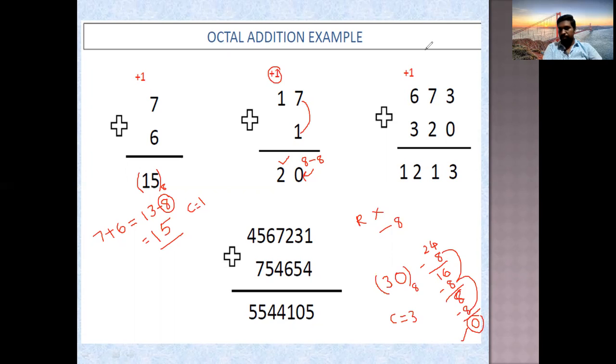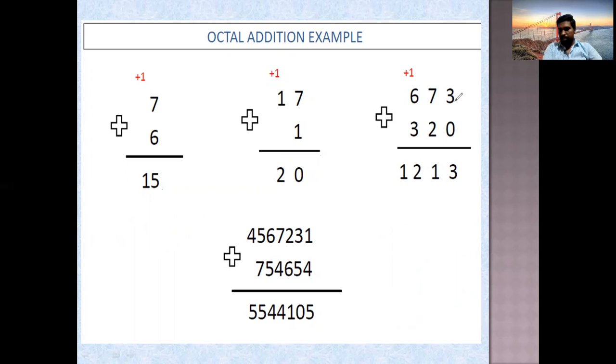Here, 3 plus 0 is 3. 3 is in the range of octal, so no problem. 7 plus 2 is equal to 9. 9 is not in the range of octal, that's why subtract 8 from 9. 9 minus 8 is equal to 1. So subtraction of 8 happened here, so you will get a carry. Now add here: 6 plus 1 is 7, 7 plus 3 is 10. 10 minus 8 is equal to 2.